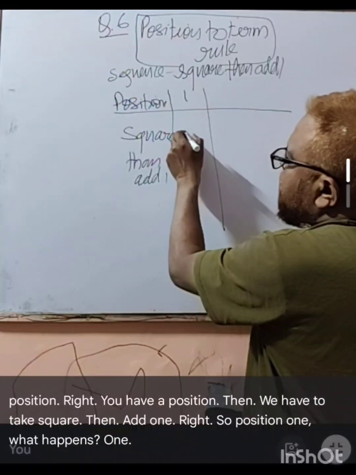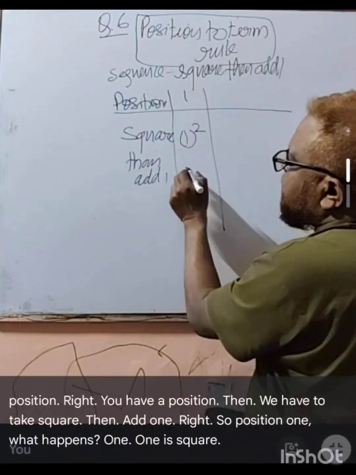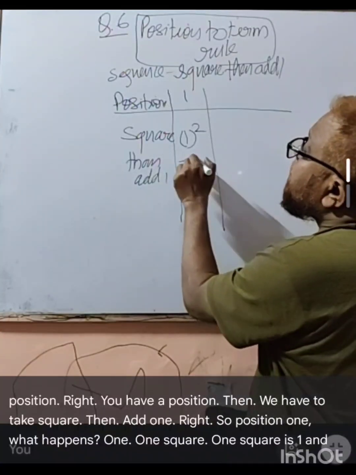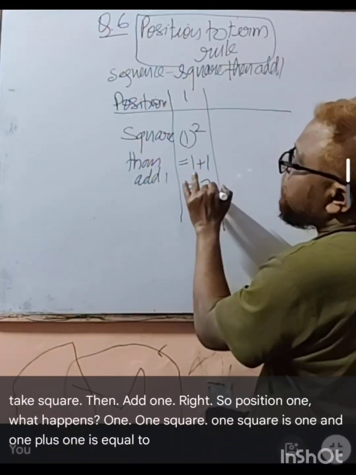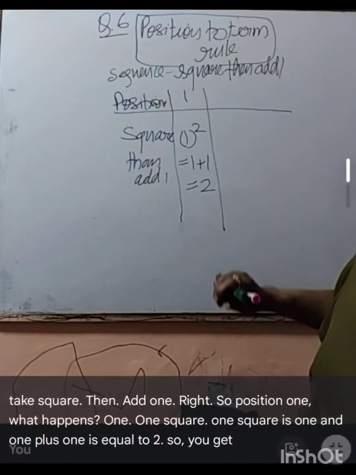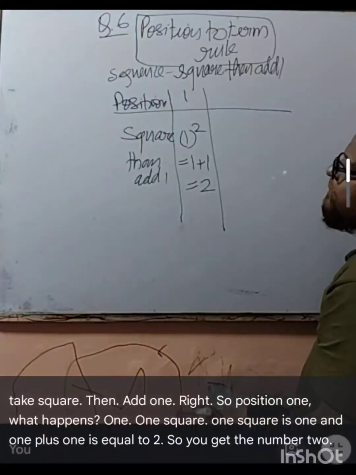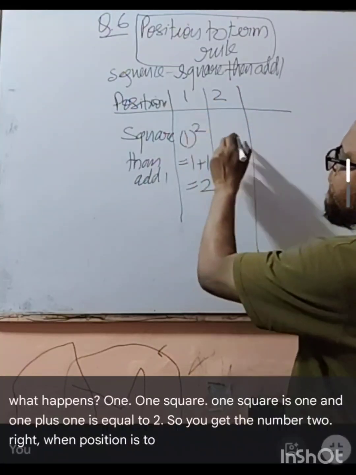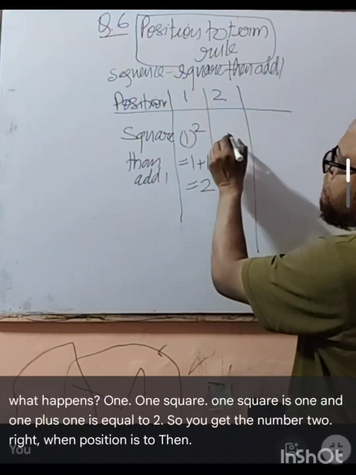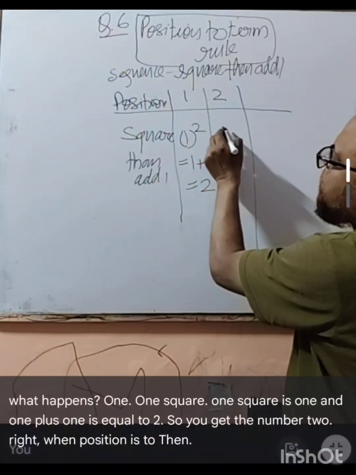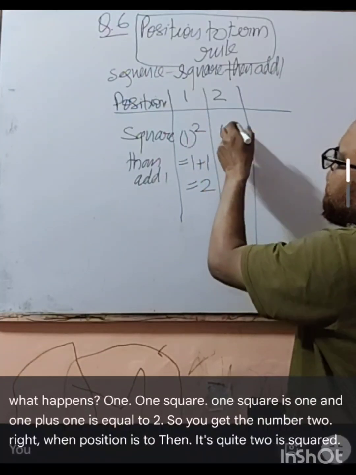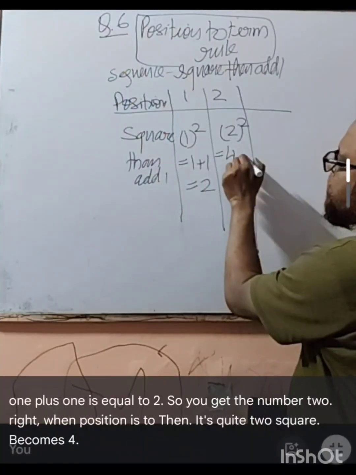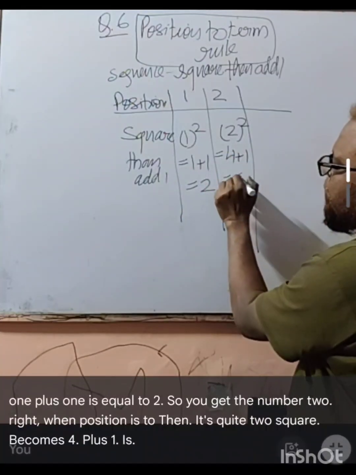So position 1, what happens? 1 square is 1, and 1 plus 1 is equal to 2. So you get the number 2, right? When position is 2, then 2 square becomes 4 plus 1 is equal to 5.